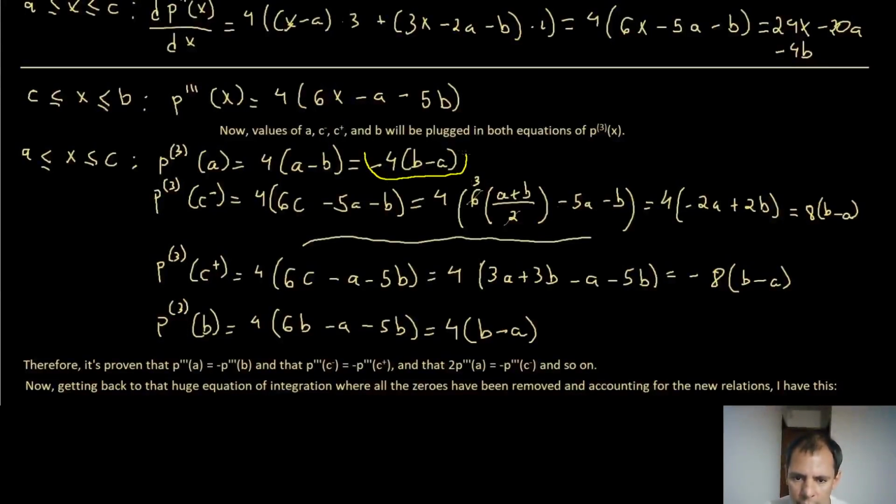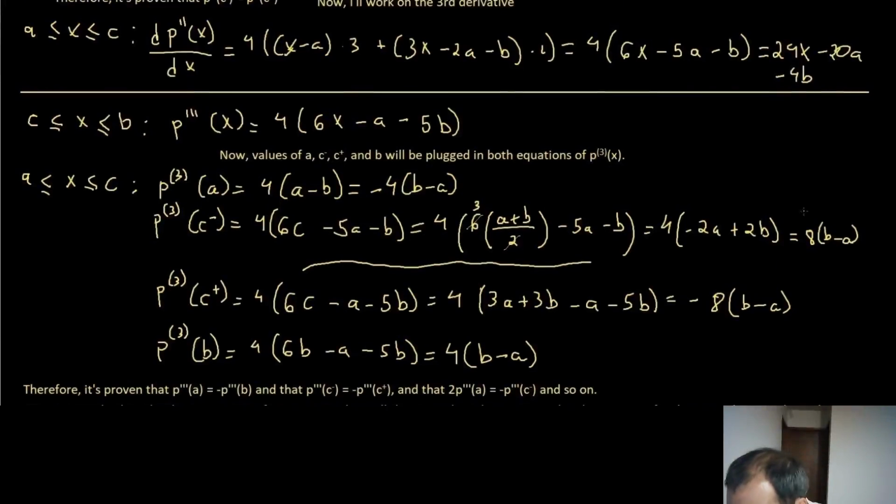See, minus 4 times b minus a, minus 4 times b minus a, 8 times b minus a, minus 8 times b minus a, and 4 times b minus a. So you know that there's a very close relationship between all these things, the third derivative of p, both on the left and the right side of c, and they are just multiples of one another.